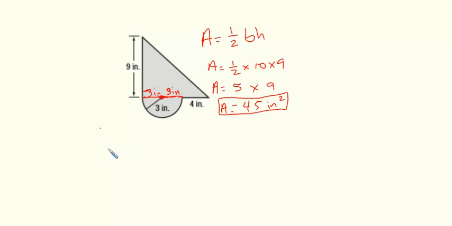Next, I'm going to calculate the area of my semicircle. I'm going to start with the formula for the area of a circle, which is pi r squared. Since I have a half of a circle, I know that I'm going to have to divide my area by 2.